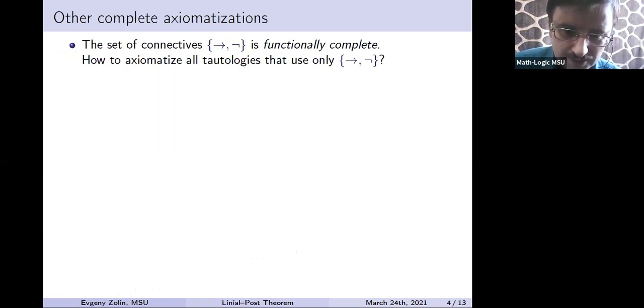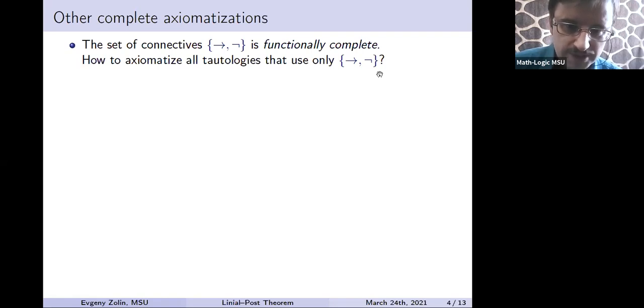Moreover, there are strengthenings of this result. For example, let us remove conjunction and disjunction from our language. We have only implication and negation. It is a functionally complete set of connectives. Therefore, we can ask the following question: how can we axiomatize all tautologies that use only these two symbols?